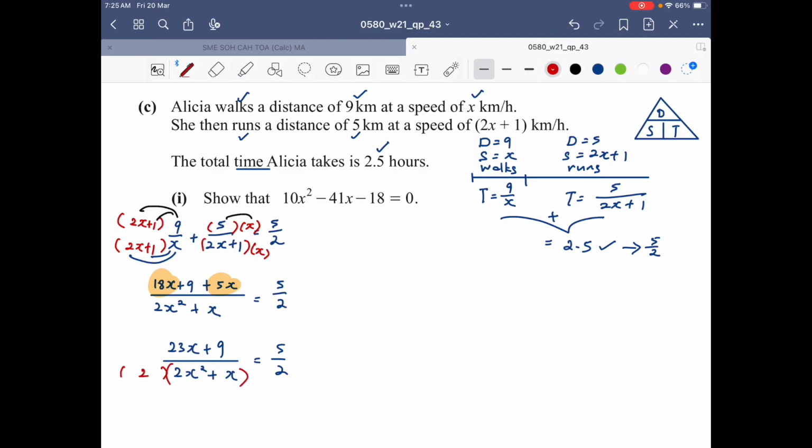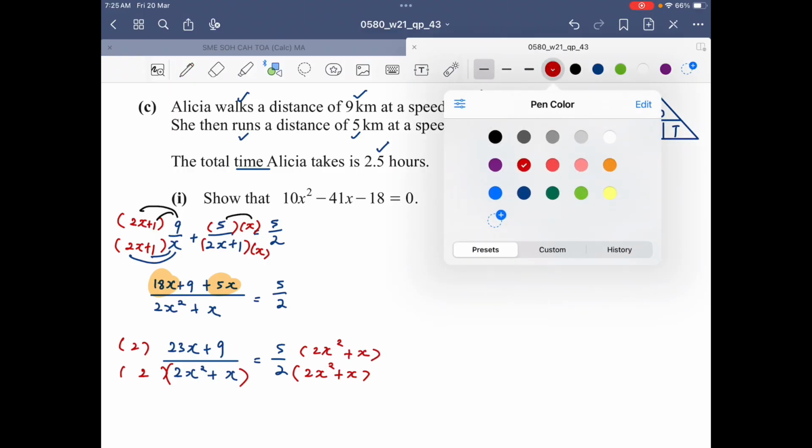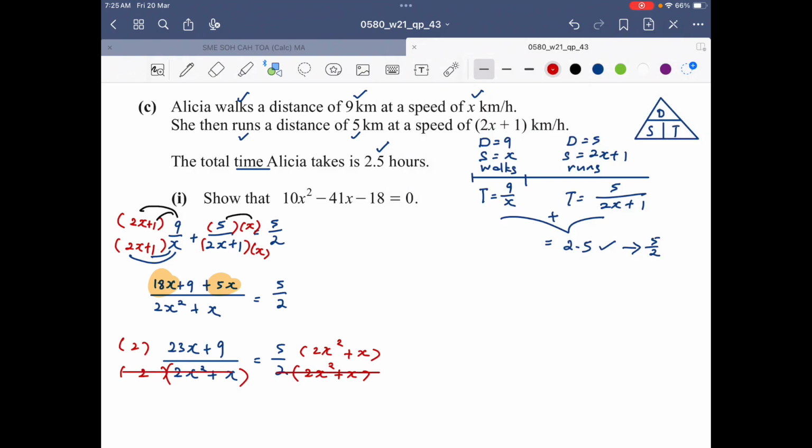Multiply 2 here, 2 here, and then 2x squared plus x. Okay, you all will agree with me that the denominators are the same, right? That's the purpose. Once the denominators are the same, we can just compare the numerators and write this as an equation.